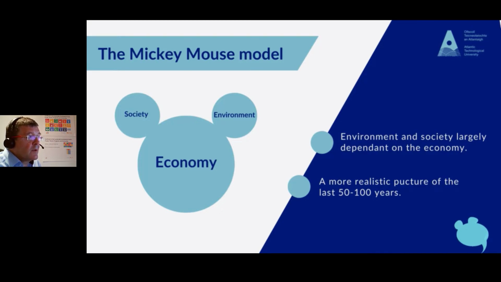Unfortunately, I think this is probably a more realistic picture of what has been allowed to happen in the last 50 to 100 years. And while that's fair enough that has happened, I think it is incumbent on us now to try and make the importance of society and societal issues and the environment more important when making decisions that involve development.